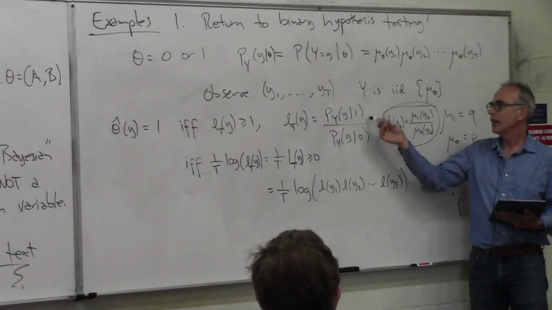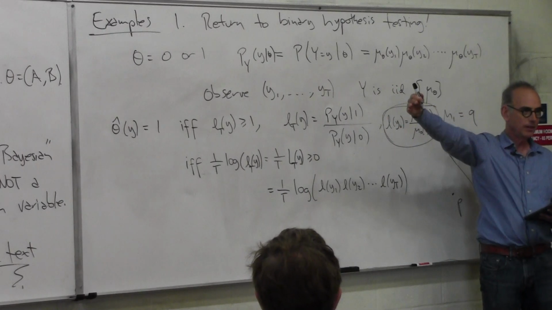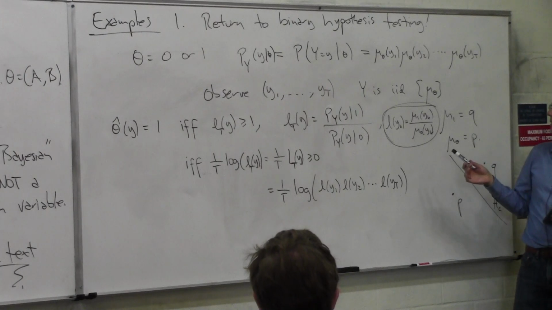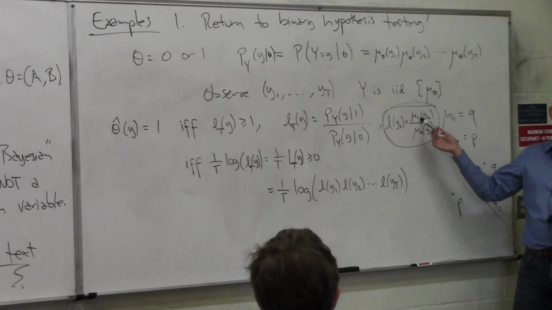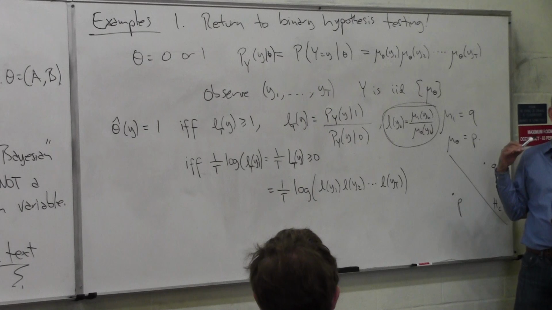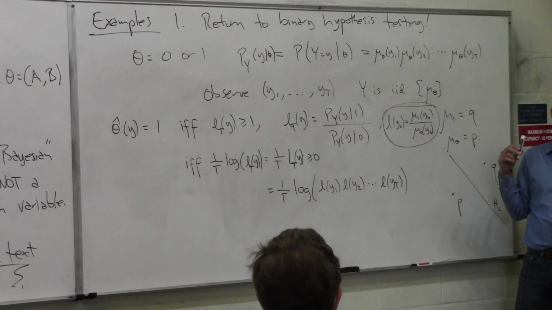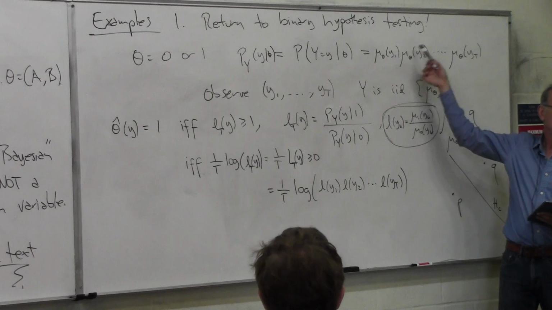Sorry, so this is a likelihood ratio for the string of length t, and because we're assuming it's IID, it's a product of these little likelihood ratios that were the subject of the course way back in the beginning of March or something, or February. All right? It's IID. That's why we have a product up here.